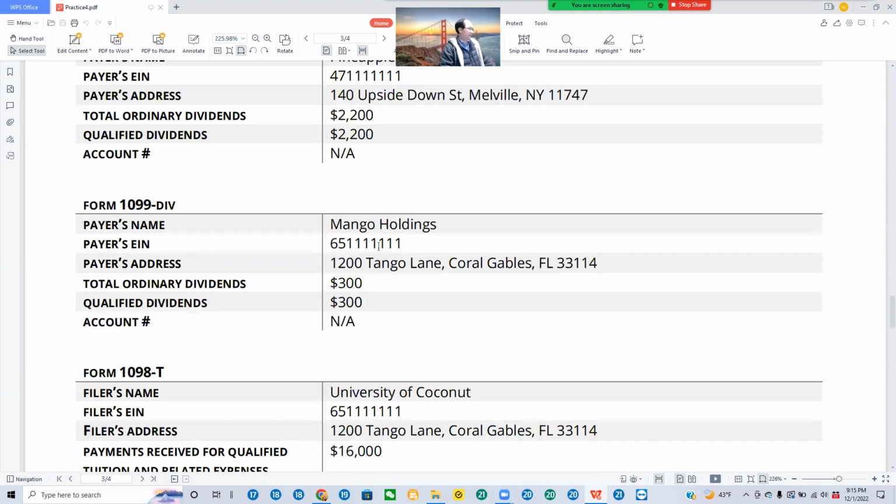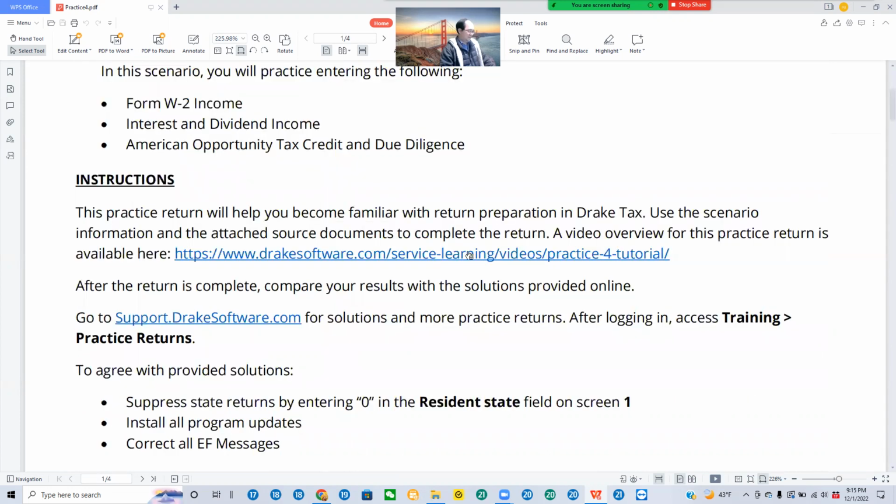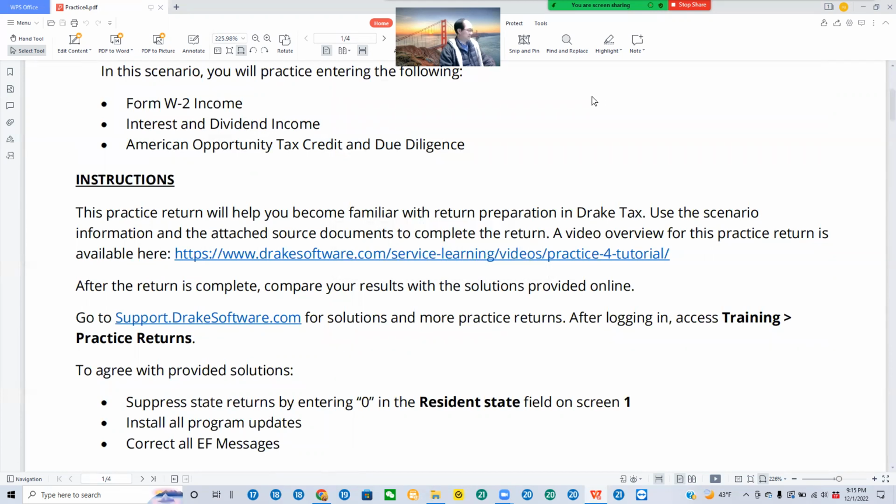So now in here, I just noticed we can click from here. Let me see. Yes. We are going there. Did we get it there?